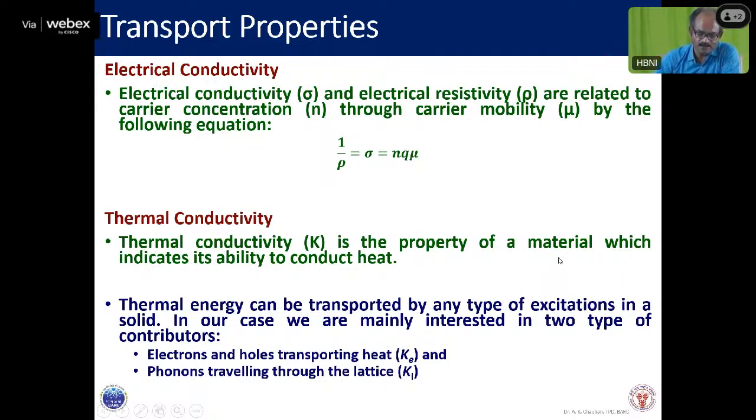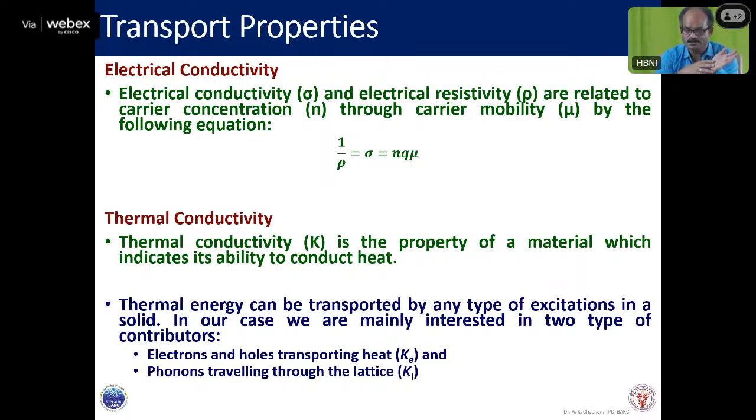However, thermal conductivity is the property of a material which indicates its ability to conduct heat. Thermal energy can be transported by any type of excitations in a solid. In our case, we are mainly interested in two types of contributions. What are those two types? Heat is transported from one place to another in any material in two ways.